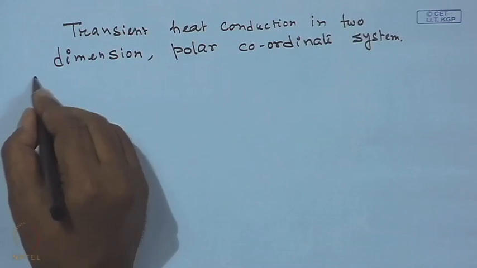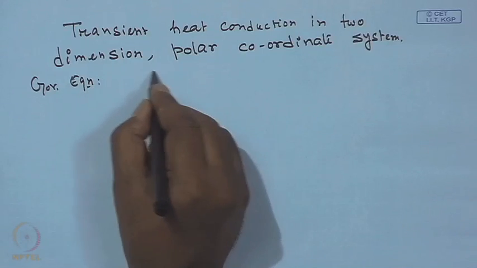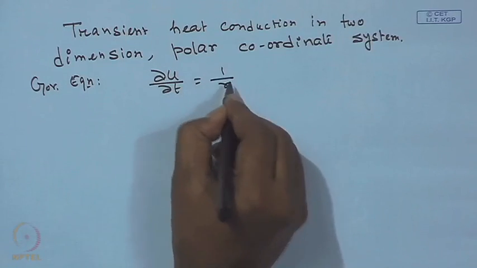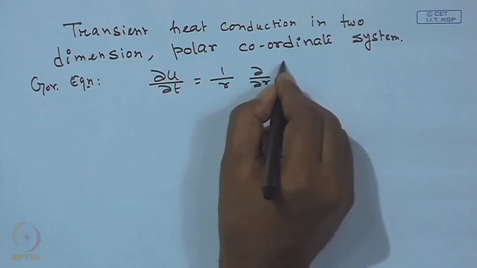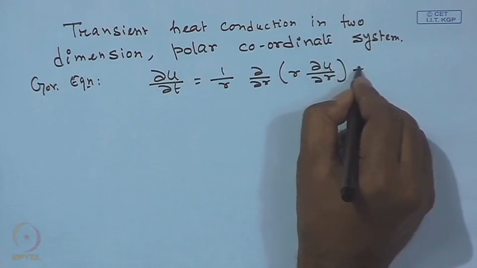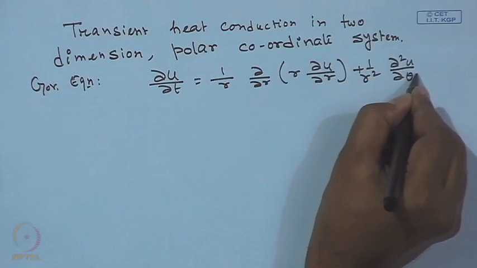So, the governing equation in this problem becomes del u del t is equal to 1 over r del del r r del u del r plus 1 over r square del square u del theta square.